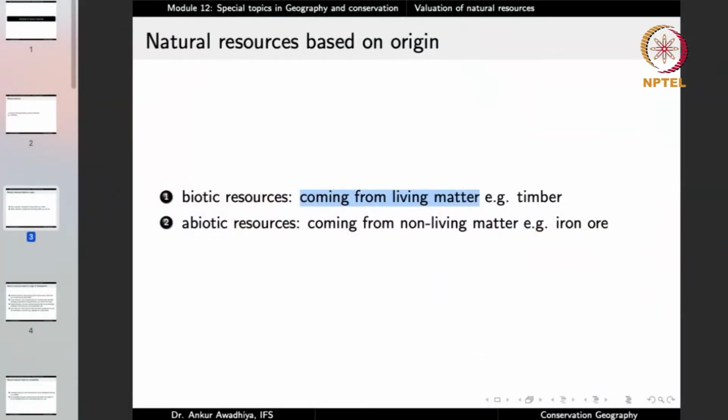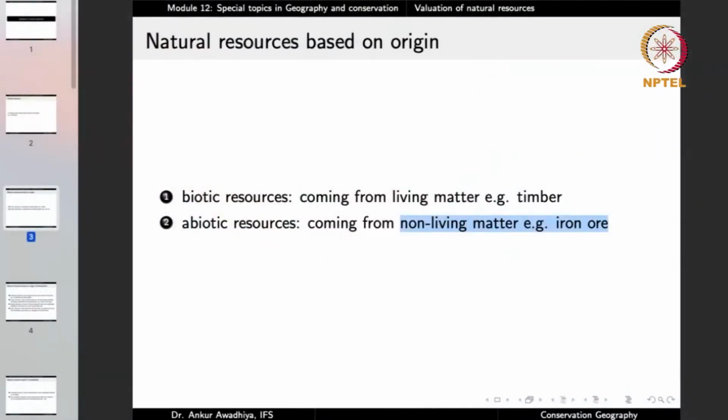On the other hand, we also have abiotic resources, which come from non-living matter, such as iron ore. Ores such as iron ore or copper sulfate are of a non-biotic origin. They are not coming from living matter, and so we call them abiotic resources.